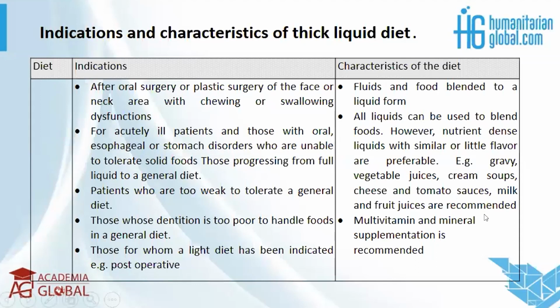Those are some of the ones that are recommended because they are not just liquids, but they are also nutrient-dense. They have nutrients. You could also prescribe a multivitamin to supplement the diet. A multivitamin and mineral supplementation could be used to supplement this thick liquid diet.